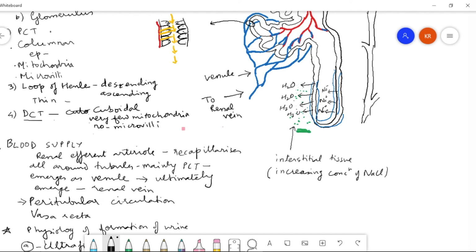And when we mentioned here that there is more concentration of NaCl, this comes from here only. This NaCl salt as well as a little bit of urea, both of these will come over here. And naturally more and more of the NaCl will come out, and by the time it comes out, the body has been able to reabsorb both water and NaCl. The same thing takes place in the ends of the collecting ducts here also. Here also water emerges out.